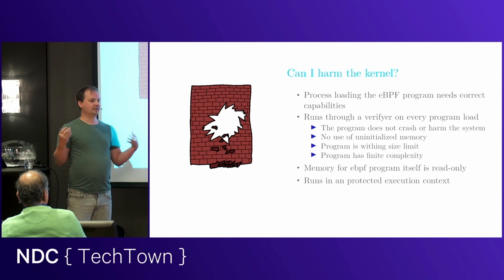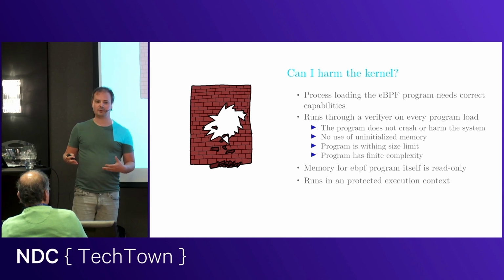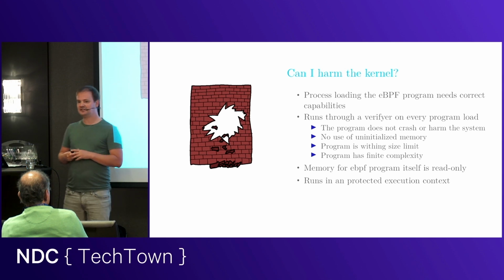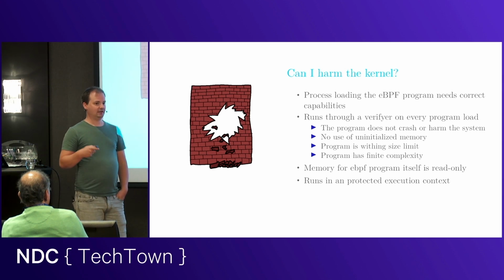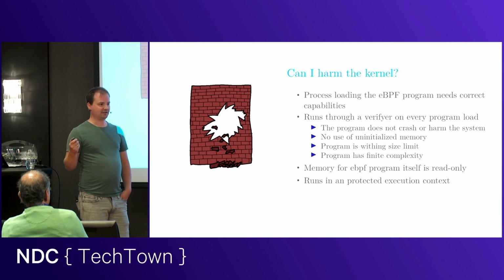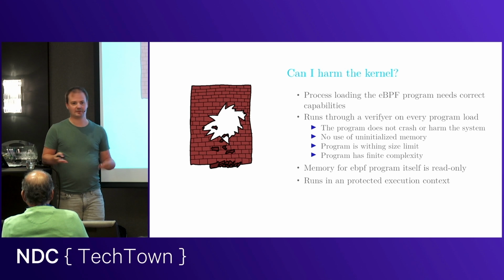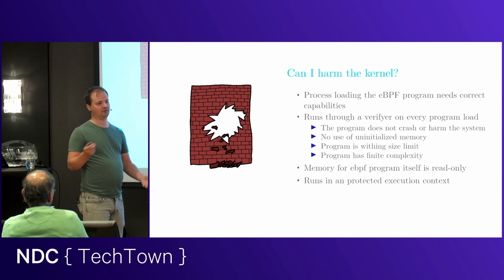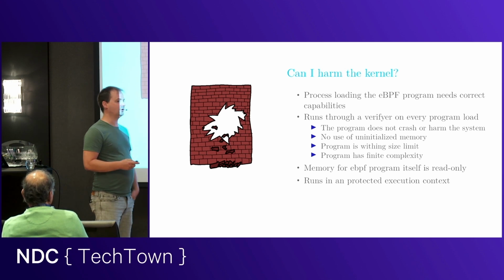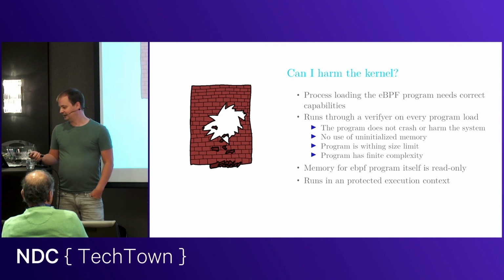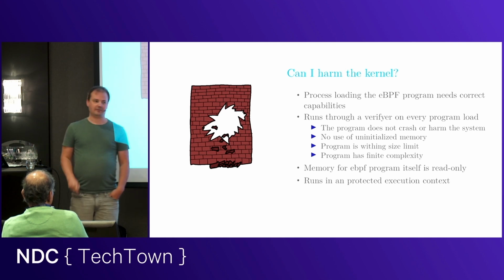Well, first off, the loading of eBPF programs needs correct capabilities, which in this case is CAP_BPF. In most cases and on most systems, you need this capability. There are some exceptions if you compile the kernel in a way that allows it to run unprivileged BPF programs in some subsystems. But generally, CAP_BPF is necessary.